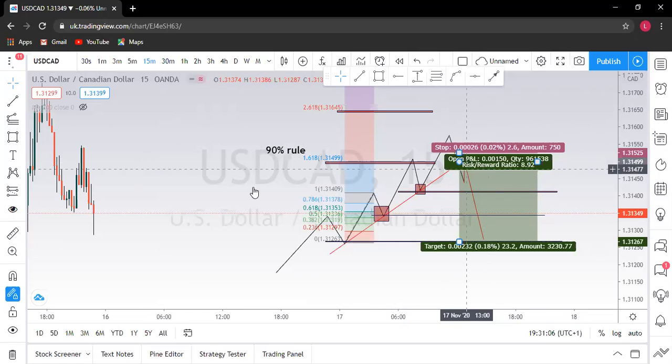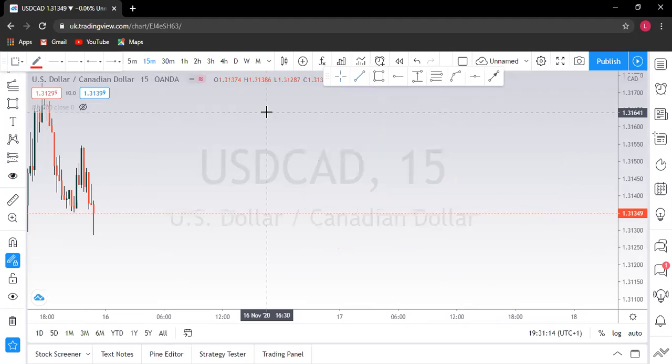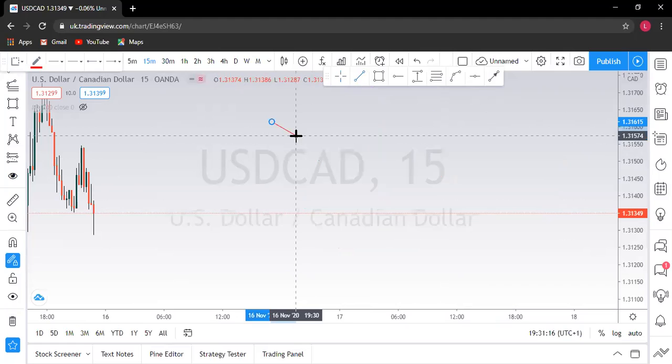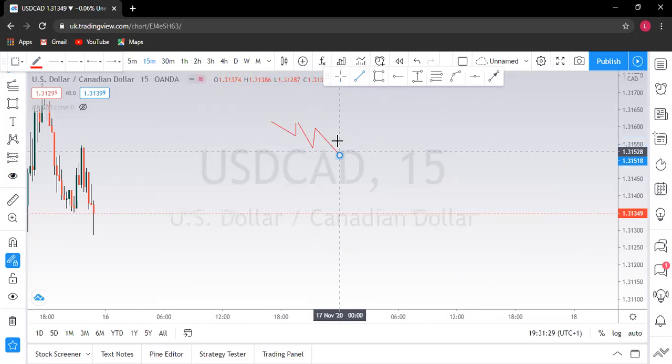So let's try and do something on a downward trend as well. So let's assume market has been forming series of a downward trend, forming series of lower lows and lower highs, lower low, lower high, lower low, lower high.